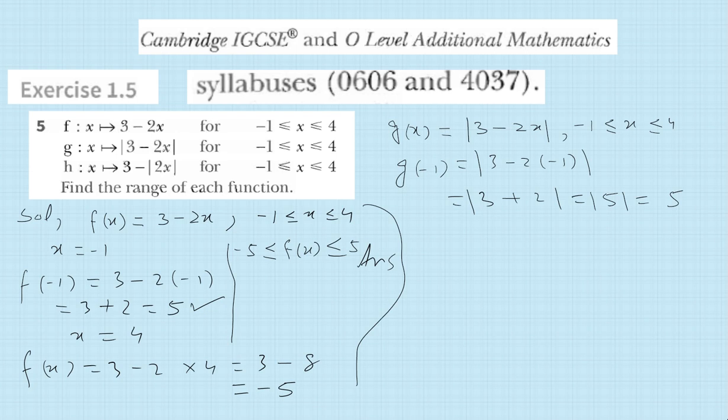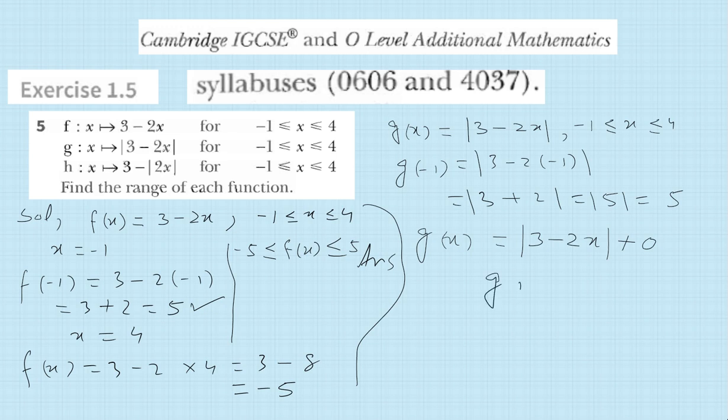So what should be the smallest value? Again, what I told you, for an absolute valued function, just write the question again and see, is there any number which is outside the absolute valued function? In this case, there is no number. Therefore, we have to put 0.